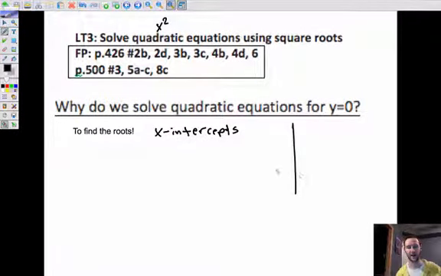So on a graph, a quadratic equation, instead of just being a straight line like you're used to, kind of looks like this. And so when we find the roots or the x-intercepts, we're really finding these 2 points. Those have a lot of importance.